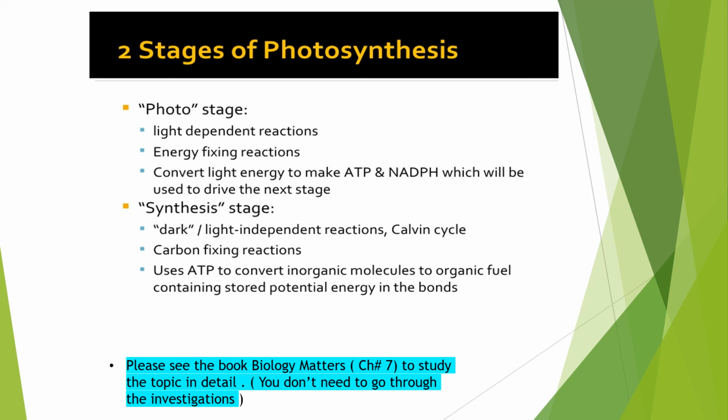Inorganic molecules are carbon dioxide and water, and organic molecules are glucose. So inorganic molecules are converted into organic molecules, and these organic molecules like glucose are then stored and transported to the different parts of the plant body.